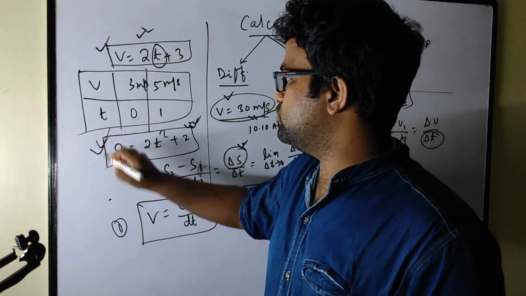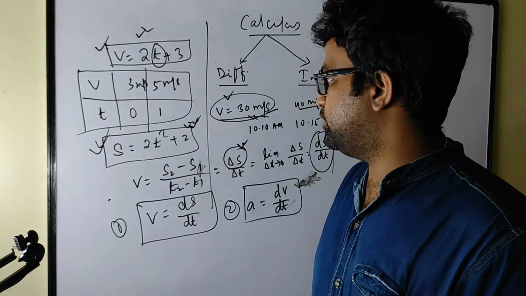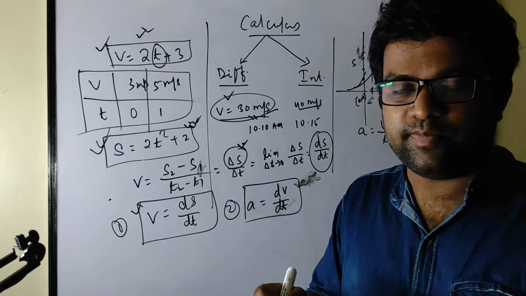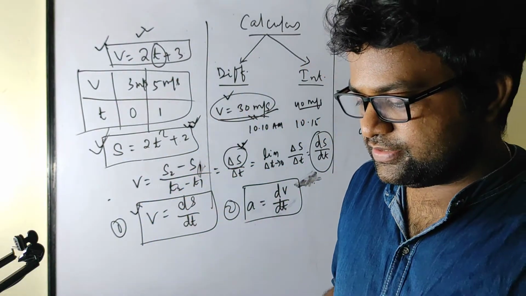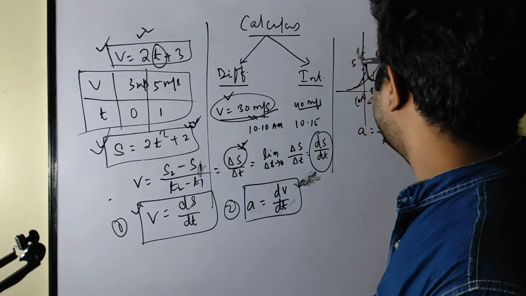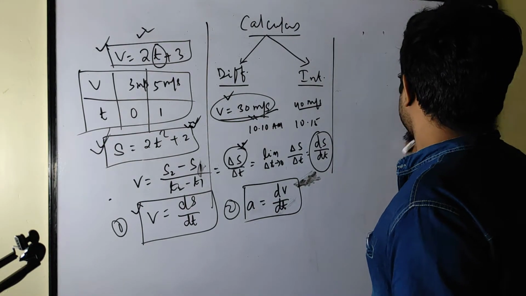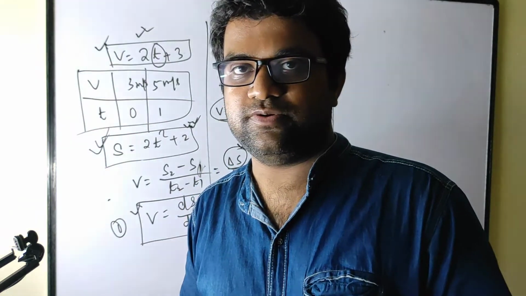Now let us use this displacement equation and find out the velocity and acceleration. Before that, let us discuss some formulas. If you wish, you can derive these formulas by the first principle method.